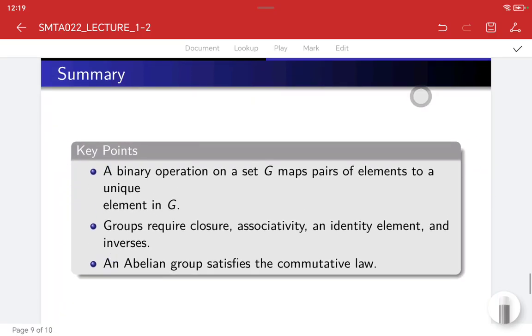Now, for something to be a group, it requires closure, associativity, identity, and an inverse, right? The moment all these four are satisfied and commutativity is also satisfied, then that group is called an abelian group. So we will only look at an abelian group and a group.